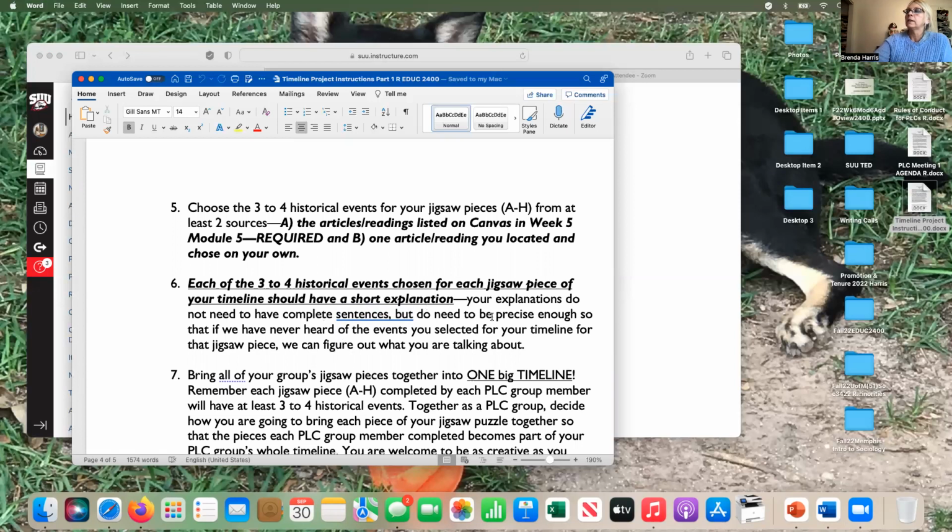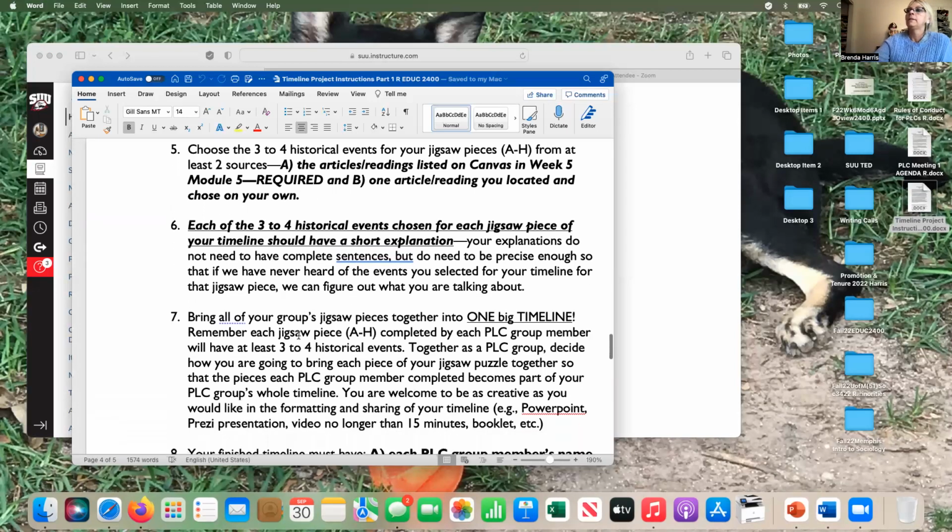Each of the 3 to 4 historical events for each puzzle piece should have a short explanation. Your explanations don't need to have complete sentences, but they need to be precise enough that when anybody else reads your timeline, they're like, oh, that's what that means. Just like your Take It and Make It projects. Then you're going to bring everything together into one big timeline.